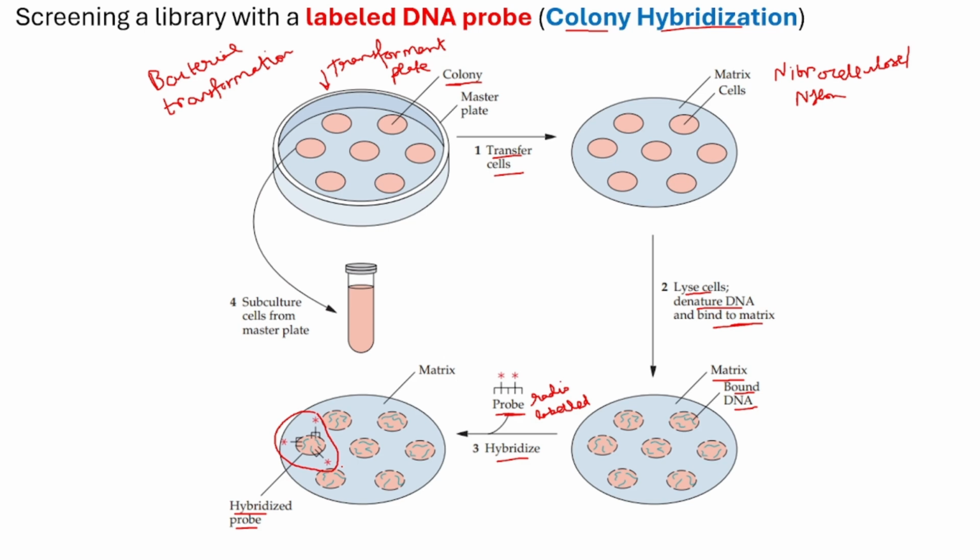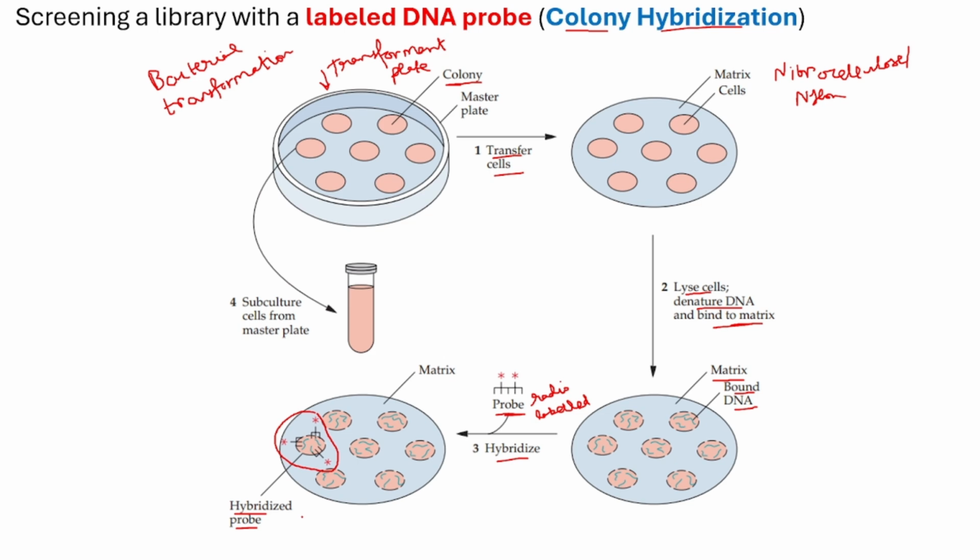Within a colony we will have many single stranded DNA, and that does not mean that every DNA will have the same complementary sequence as the probe, nor to the same extent.